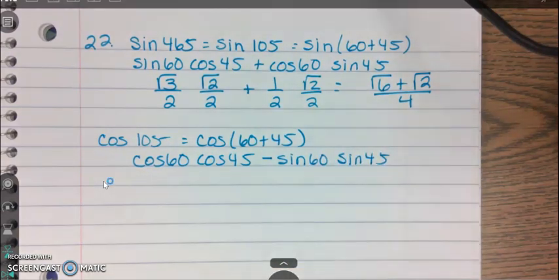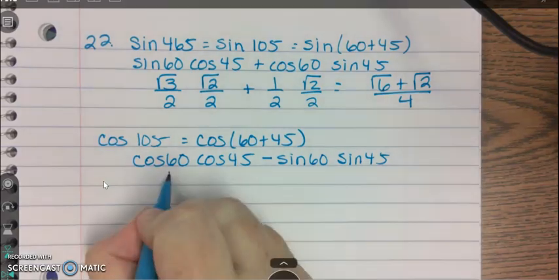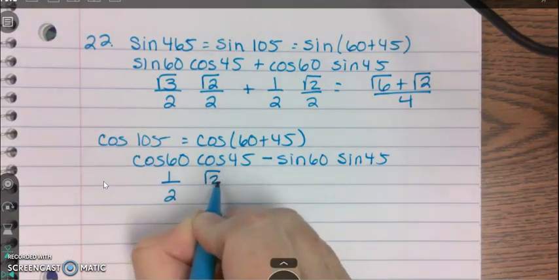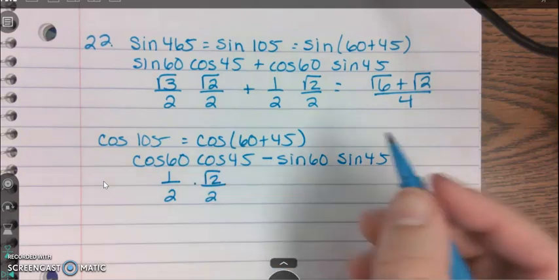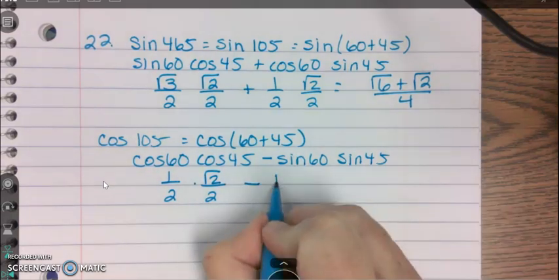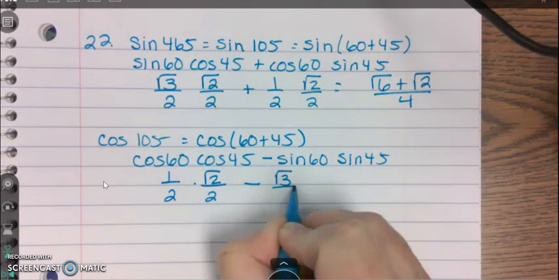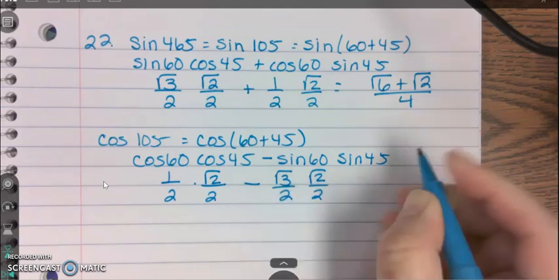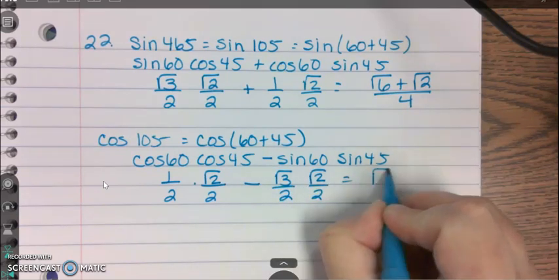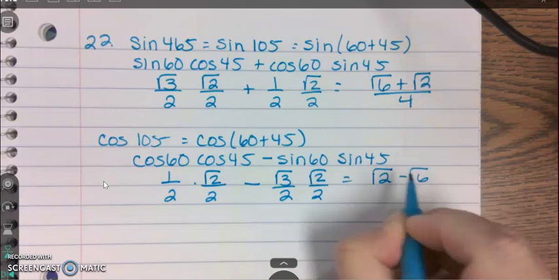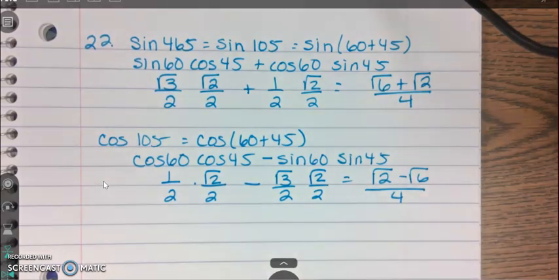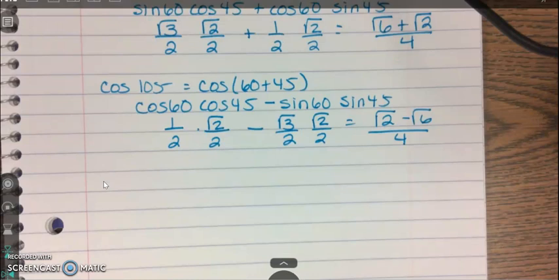So cosine of 60 again, 1/2. Cosine of 45 is square root 2 over 2, minus square root 3 over 2 and square root 2 over 2. And we get square root of 2 minus the square root of 6 all over 4.